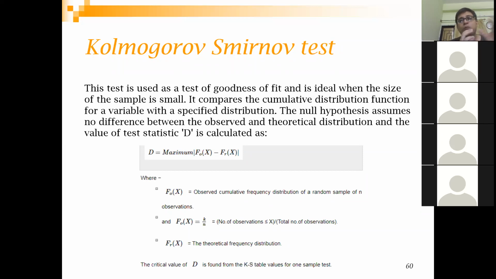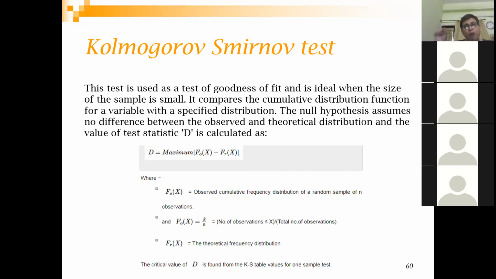So in a QQ plot, you are plotting the actual values. Let's take a simple example. You have normalized, standardized your distribution. Now you are finding the value where 25% probability falls, just as an example.